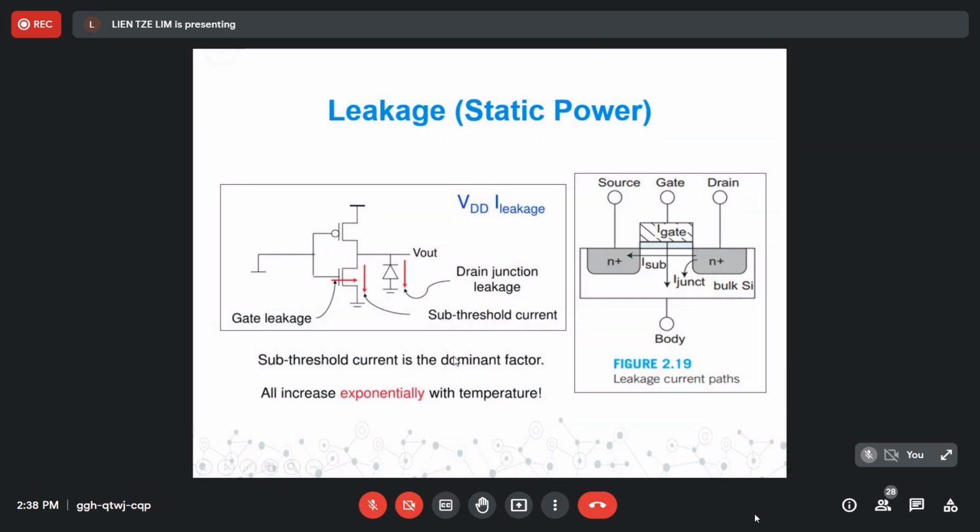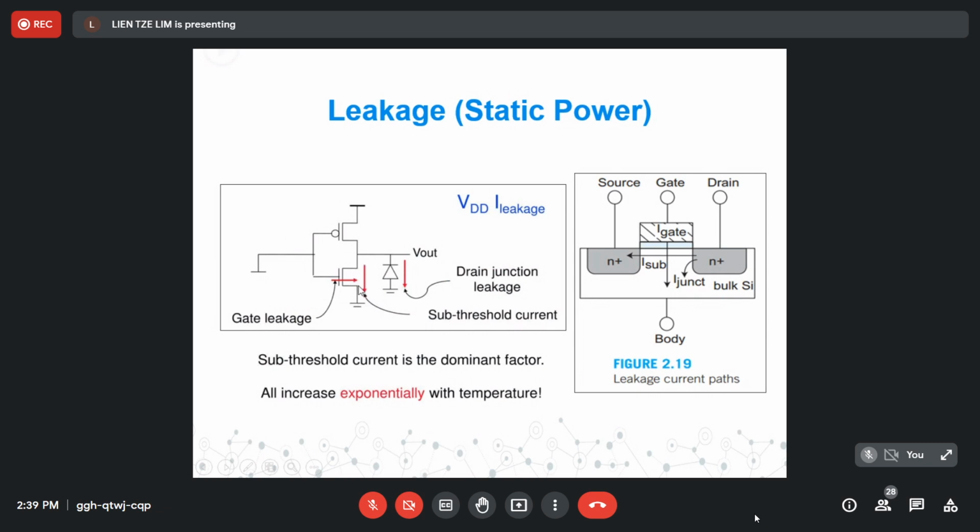This diagram shows all the leakage currents. So you see here, this is a CMOS inverter. For example, this NMOS is off, and then there is a gate leakage. Gate leakage occurs from the gate to the substrate of the transistor. And also there is a subthreshold current. Subthreshold current occurs from source to drain or drain to source.